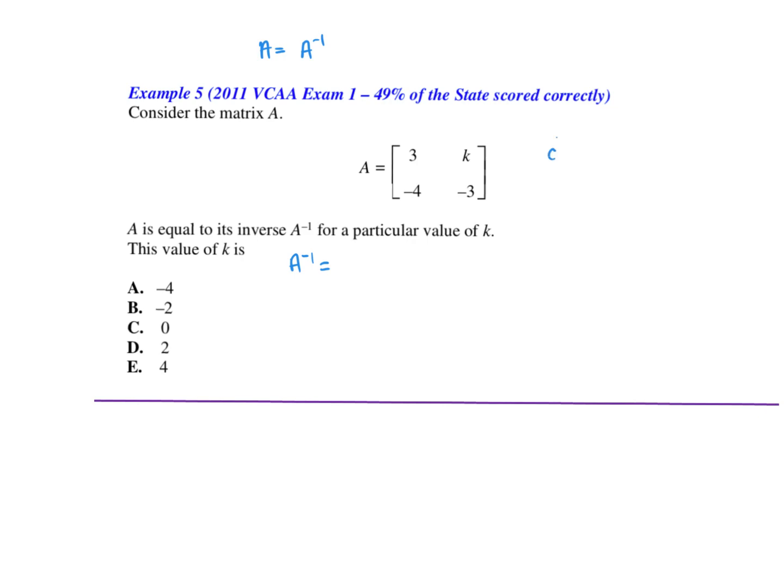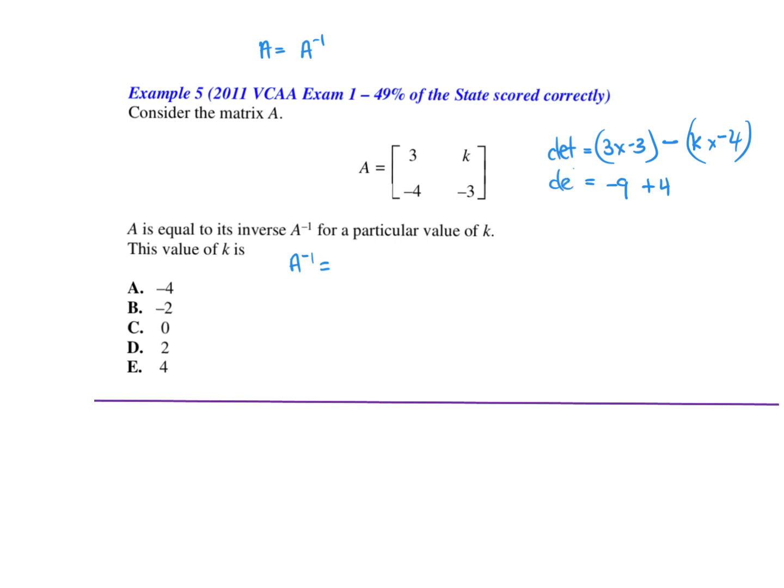So first of all, if I had to find the determinant of this matrix, I would have said 3 times negative 3 minus k times negative 4. Okay, so if I tidied that up, that would be negative 9 plus 4, yeah? Would you agree? Yeah?